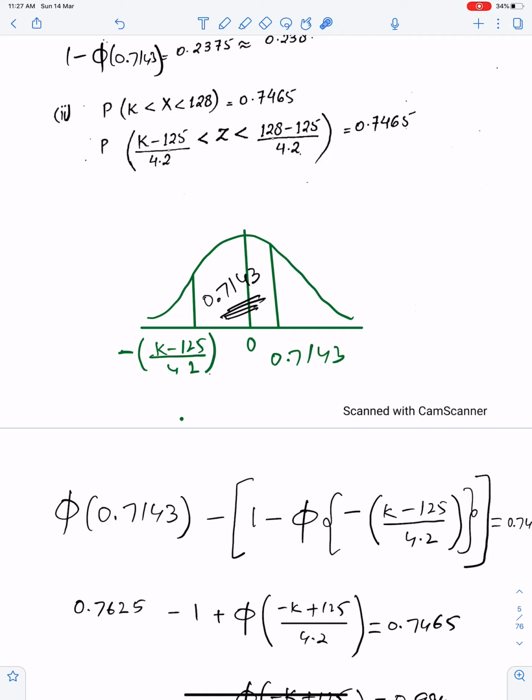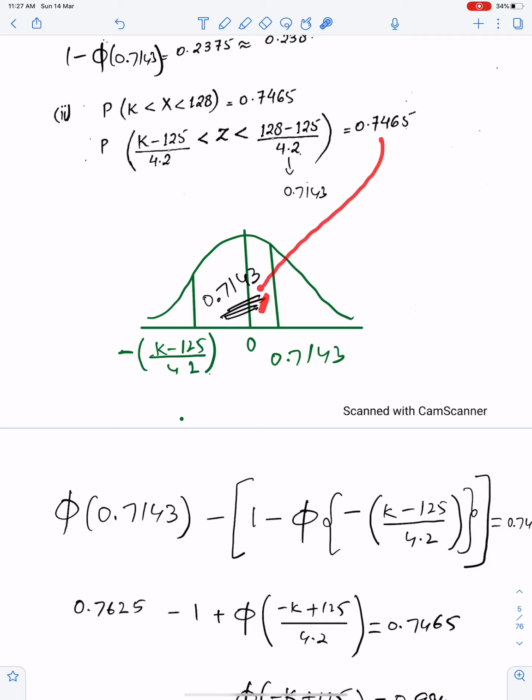This number is 0.7143. So this number must be close to 0 because we have 3 here. And this probability is greater than 0.5. This probability is very large. So you cannot fit this probability here.